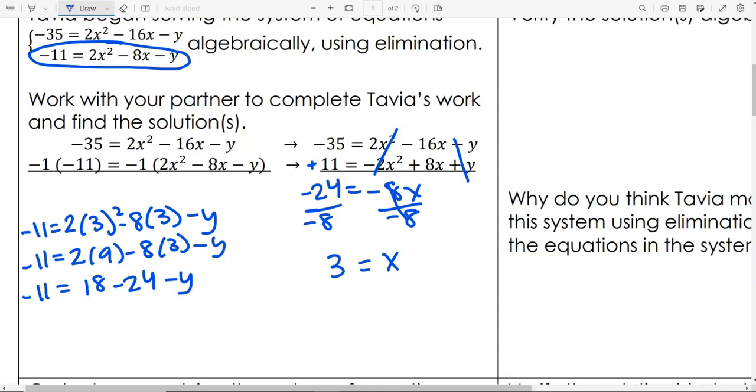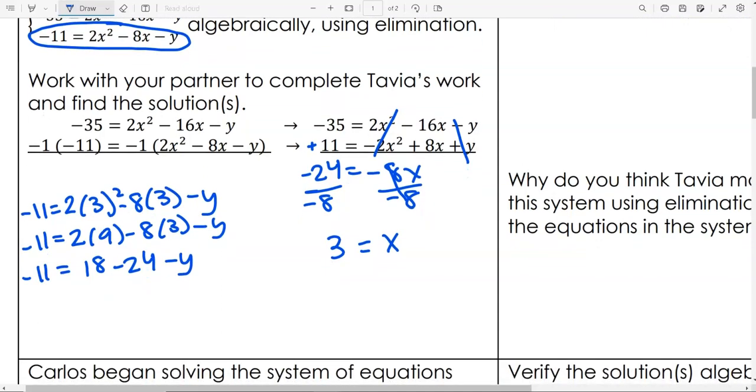What do you want to do now? Sure. What is 18 minus 24? Negative 6. What do you want to do?